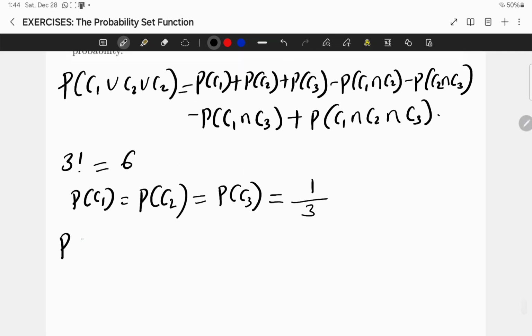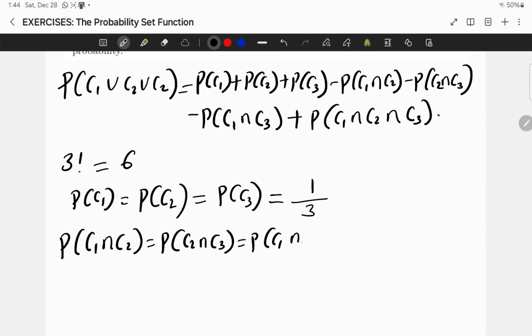Then the probability of C1 and C2, the probability of C2 and C3, and the probability of C1 and C3. So that is the probability that the secretary puts letter C1 and letter C2 into the right envelopes. If C1 is correct, then C2 must also be correct, right?